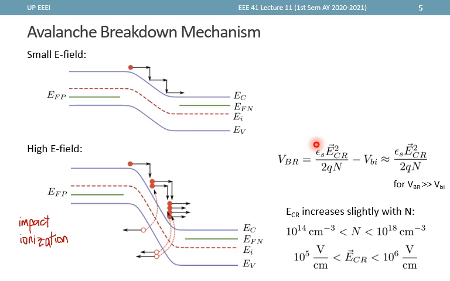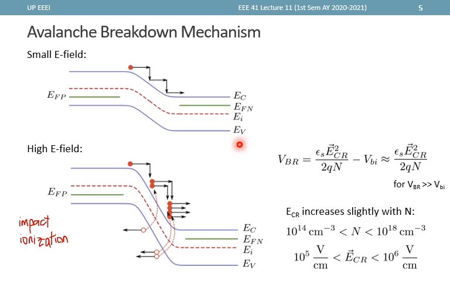Now that critical electric field for avalanche breakdown actually ranges in value from 10 to the 5 to 10 to the 6 volts per centimeter, and it actually increases slightly with the doping concentration. And why is that so? If we have a larger doping concentration, then we'll have more scattering events within the material, and the electrons will get slightly decelerated or deflected.